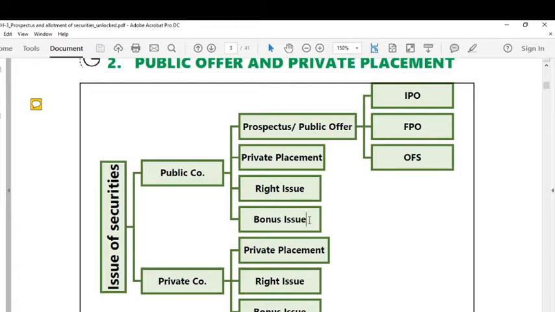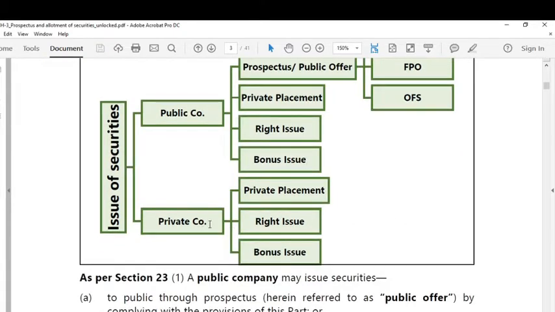So dear students, this is a very important and very nice topic one has to understand. There are various kinds of issue of securities in the case of a public company. One is through public offer, second is through private placement, third is through right issue, and fourth is through bonus issue. And when it comes to a private company, which has a limit on the number of its members, it can offer its shares with certain restrictions.